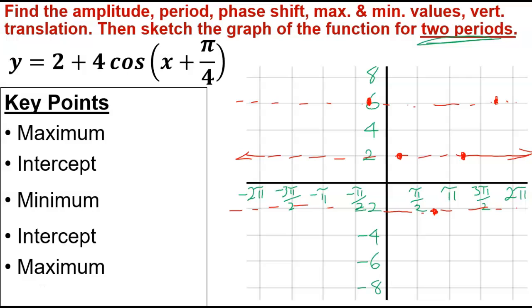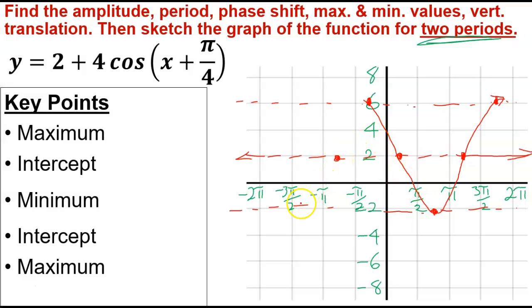So if we graph that carefully, and then to make the other period, since we have that mark here, we can use the pattern, going backward. So this 6, the next one is going to come down to midline, and this has the pi over 4 shift. So we already have the negative pi over 4. It's going to be in between these two down here, because of the pi over 4 shift.